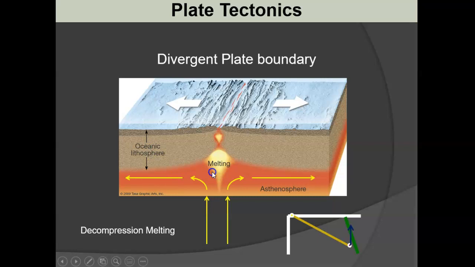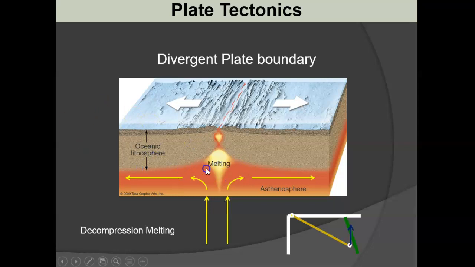Everything just doesn't go poof and melt instantly, because remember, the mantle is made of different minerals, each having their own melting temperature. So we start to melt the minerals in this material, the mantle, that has the lowest melting temperature. So not everything in the mantle melts, only certain minerals in there, but they become liquid. Liquid is less dense than the solid, and once again, I have movement.